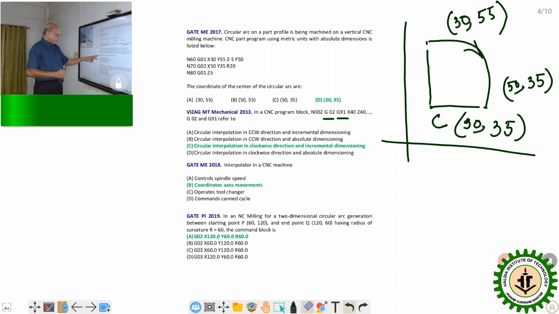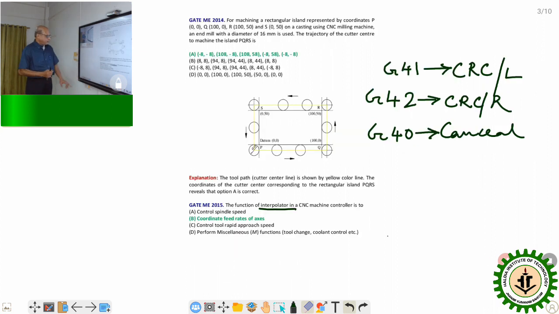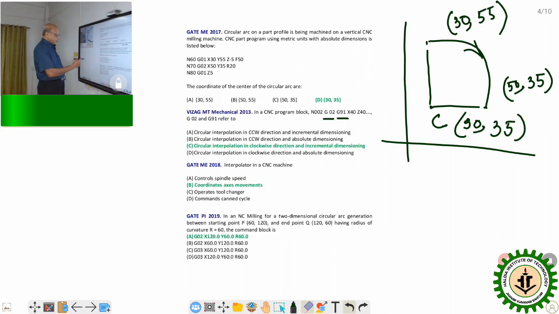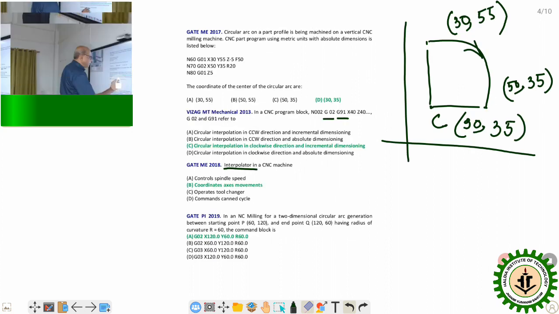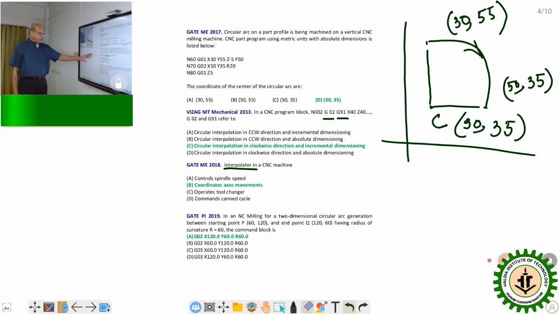Next one. Once again the same question as that of the previous one which we had discussed, that is the interpolation. Similar question, interpolator in a CNC. So what are the options? Controls spindle speed. Spindle speed is not controlled by the interpolation.